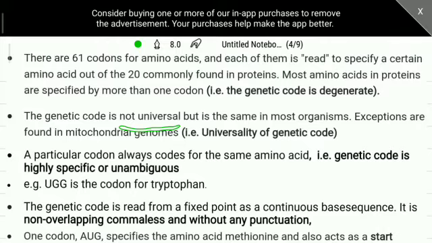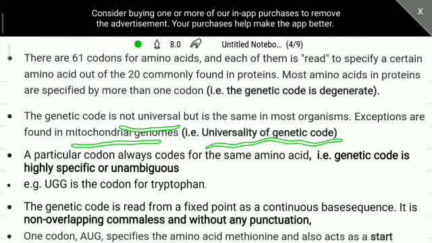But a few exceptions do not follow this genetic code. One such example is the mitochondrial genome. Only a few exceptions are there, which is why we speak of the universality of the genetic code. That means 99.9% of organisms follow this genetic code.